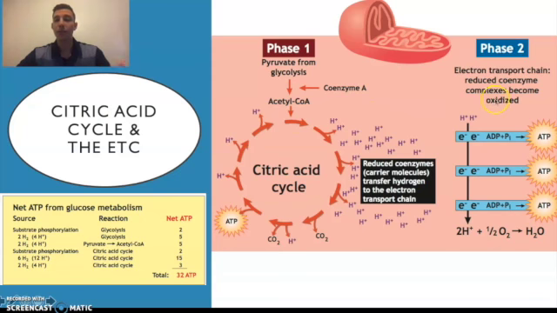And then as we get to the ETC, that is where the most ATP is generated, somewhere around 32 ATP. That's what we're looking at here, the net ATP from everything. It shows the hydrogen ions going through, and it totals 32 ATP.